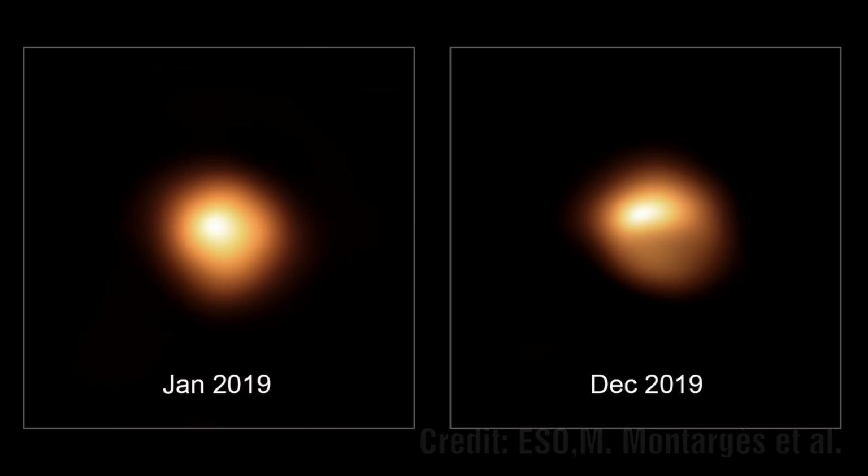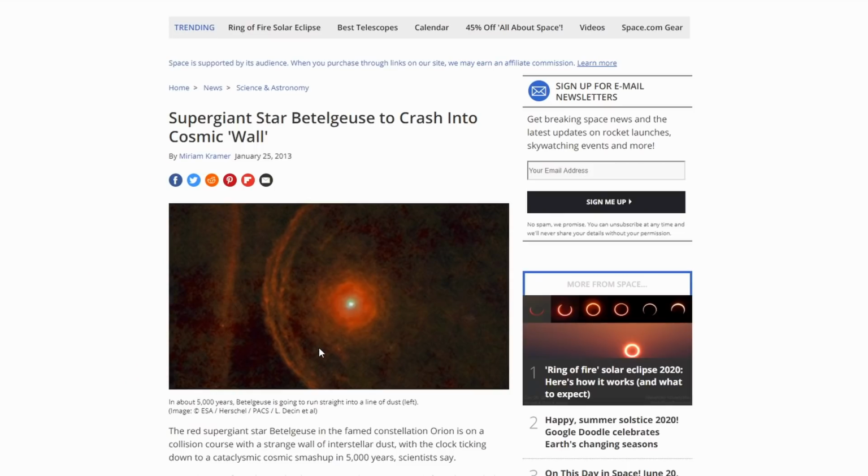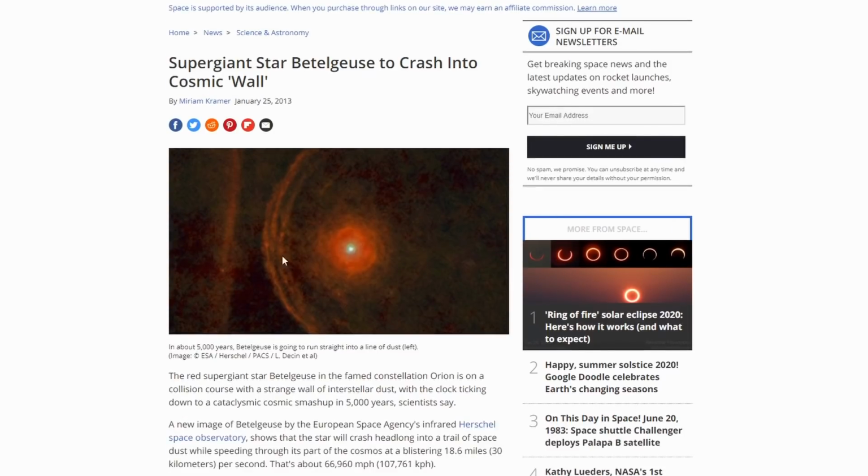So this is the image here. That's Betelgeuse, and this is an actual image. This is the outer part of the heliopause for Betelgeuse, and that's the wall they're referring to. This solid, right. There's a gap in between it, and then there's more of this gas which they think is going to crash into it.